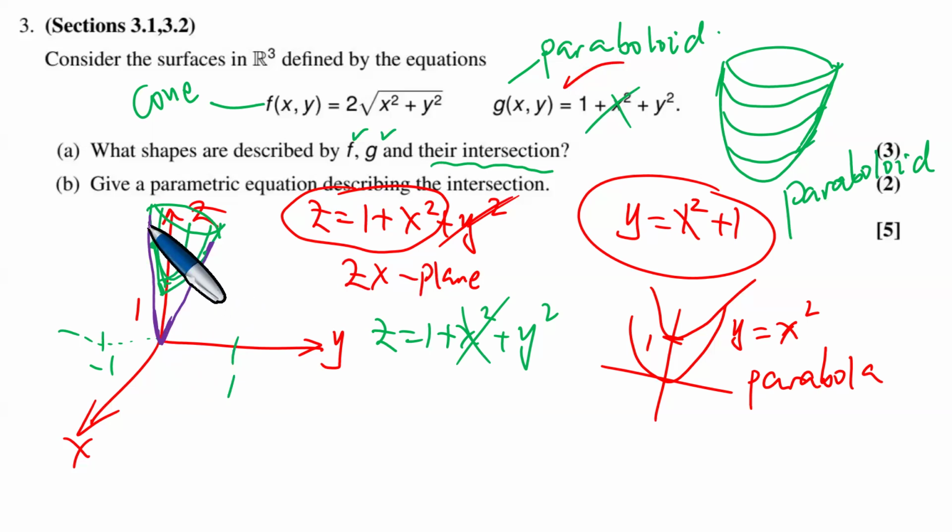So here's the cone, and it's going to intersect the paraboloid. We are at the point where they intersect. Wherever they meet, that is where f equals g, and we shall have a description of that.